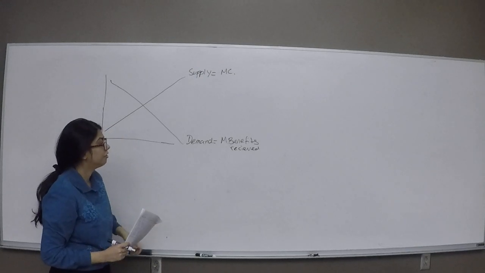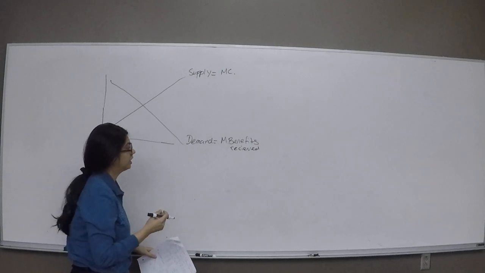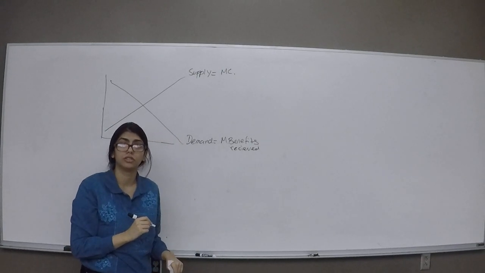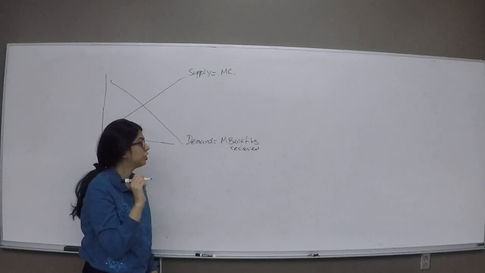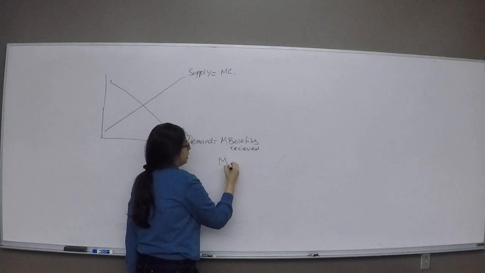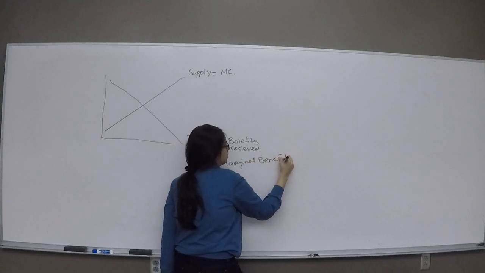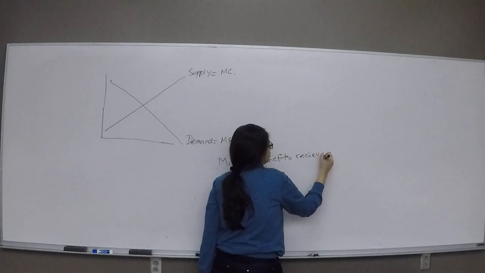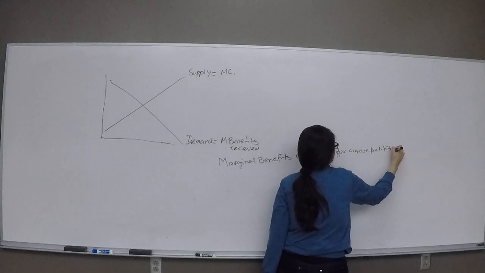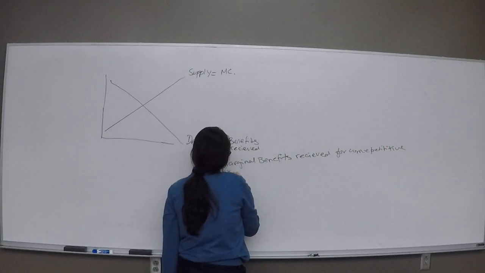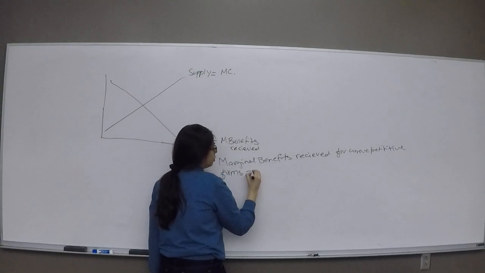Now, for competitive firms, the marginal benefits received is the price received, right? For competitive firms, the marginal benefits received is equal to price.